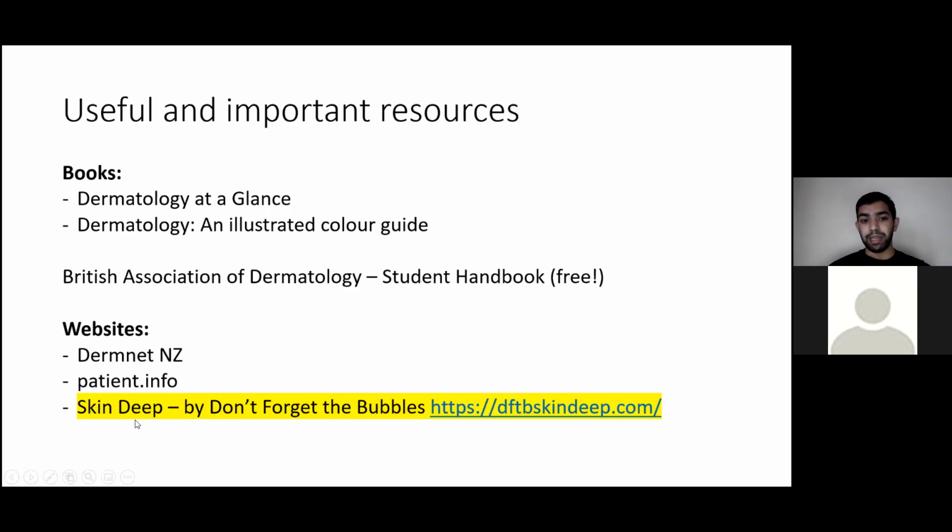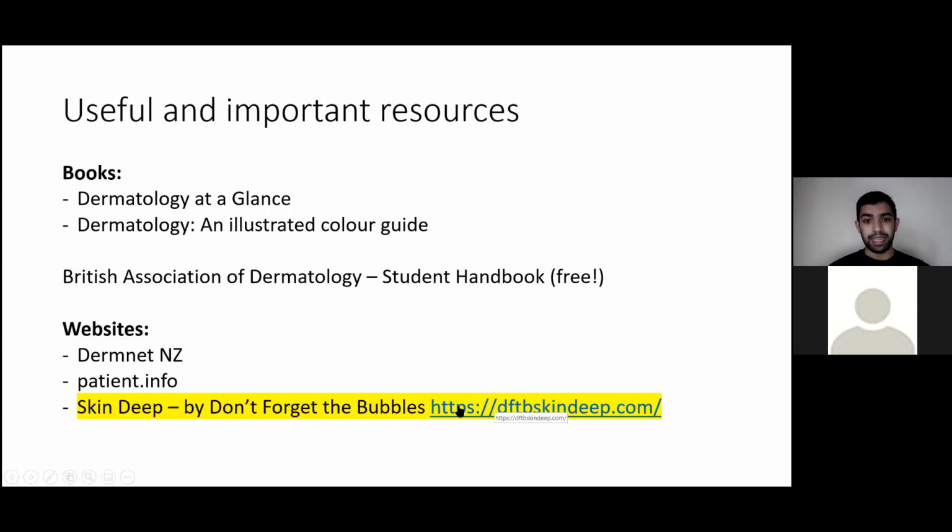I must admit, it wasn't until last year that I first saw a rash on somebody of Afro-Caribbean descent, and I had no idea what it was. It actually turned out to be chickenpox. I'd never seen somebody with chickenpox on really dark skin. And this website is fantastic.